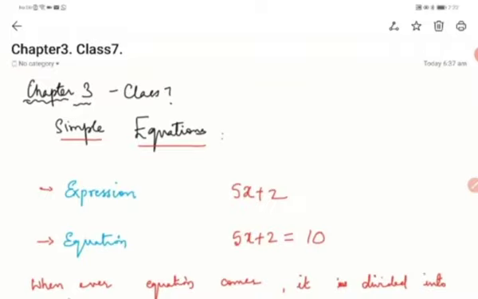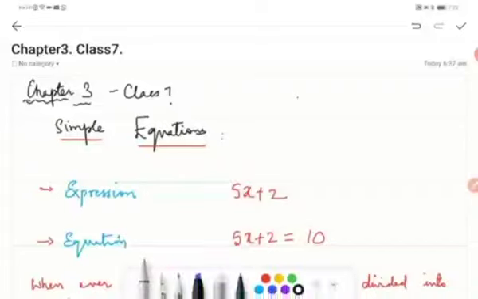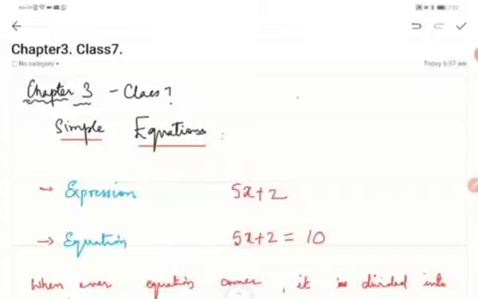Okay. So what do you understand by an equation? Yes, equation you will say when you get an equal to sign in any expression. See, your expression is this one. Example 5x plus 2. Okay, or I'll take 10x plus 5, then 2y plus 2, anything.